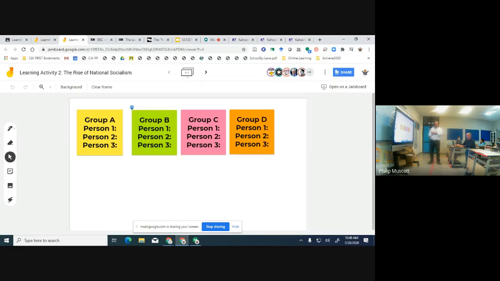If you just double click on the sticky note. There you go, perfect. Okay, Norman, can you make sure it's correct where you say which person you are? Because that's important as well.